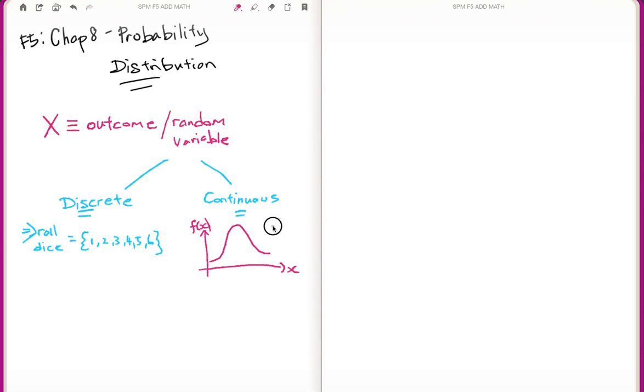You need to specify what is the possibility from here to here. Those will be covered in normal distribution.